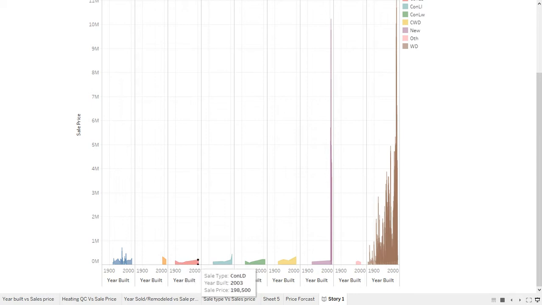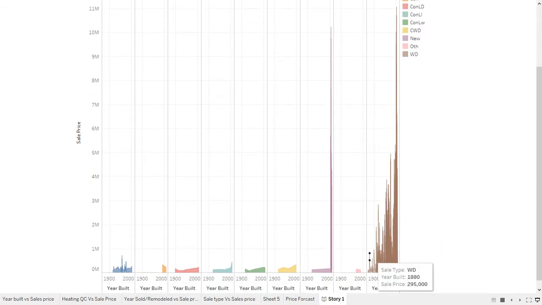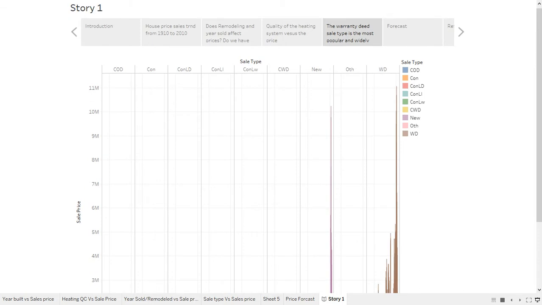The low down payment has a very low price, and low interest rate also has low prices, but this warranty deed has a fairly high price and is fairly popular. So depending on what sale type you're going for, you pay little or high.